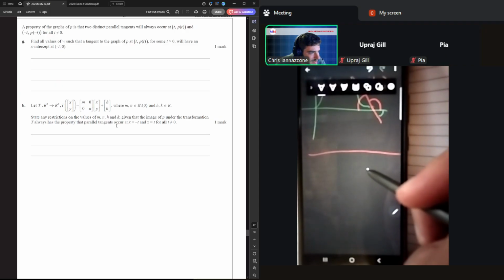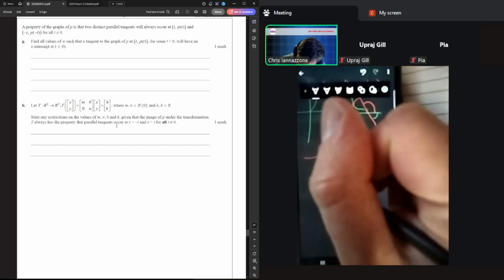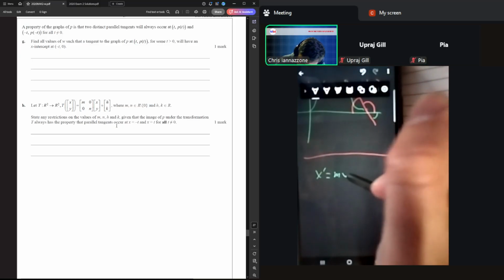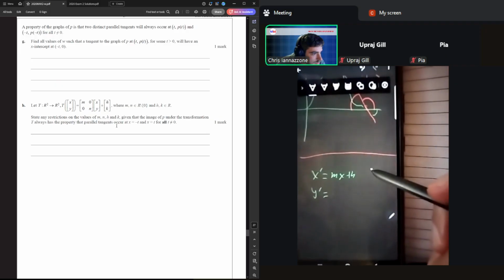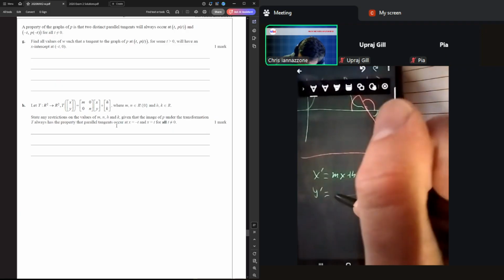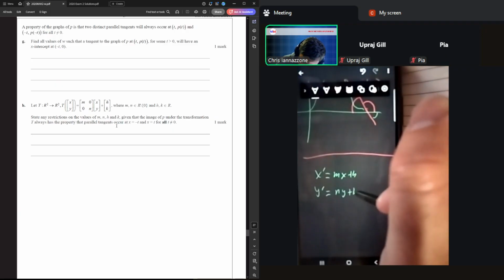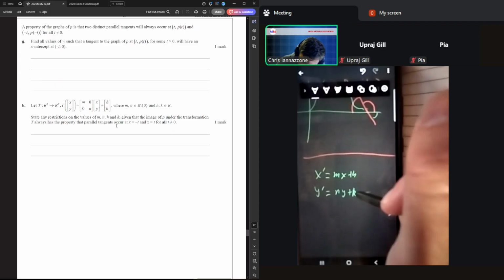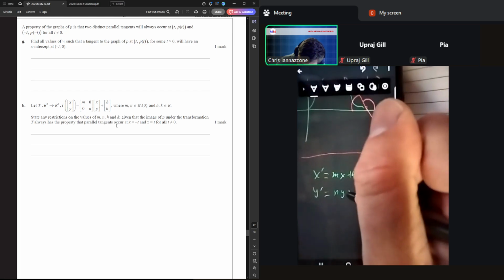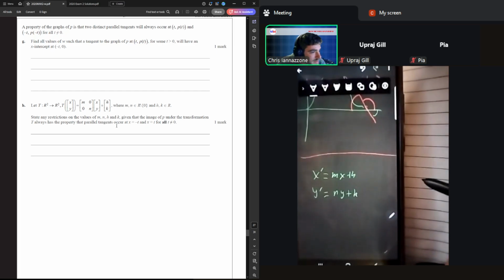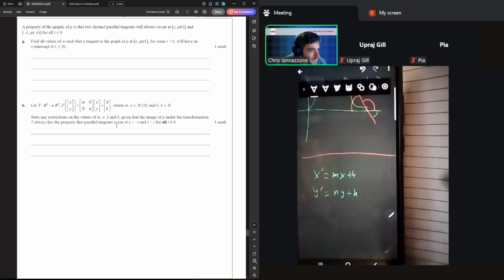That's going to give us x dash equals mx plus h, y dash is equal to ny plus k. Now it's solvable by the study design. So this is your transformation set. M and N can be any real excluding 0. H and K are any real.